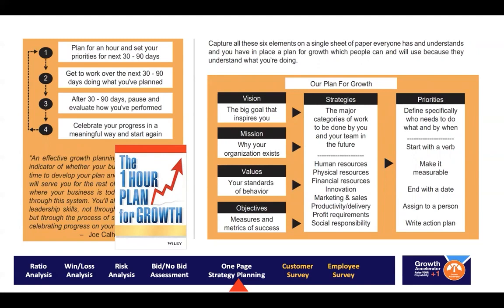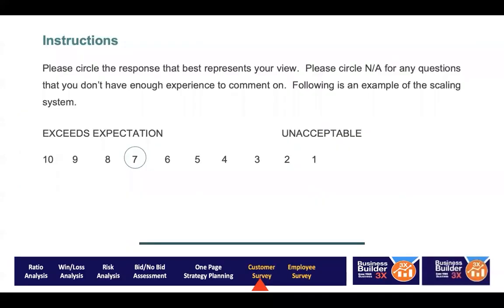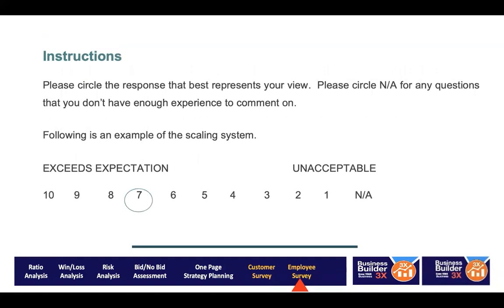Again, a quick and easy way for a company to build a very comprehensive strategy. And as mentioned, within the Business Builder, we're looking at the customer survey to make sure that, with where to play, we are succeeding when it comes to customer survey results. And internally, when it comes to how to win, that our employees are all committed and contributing positively to where the company should be achieving.